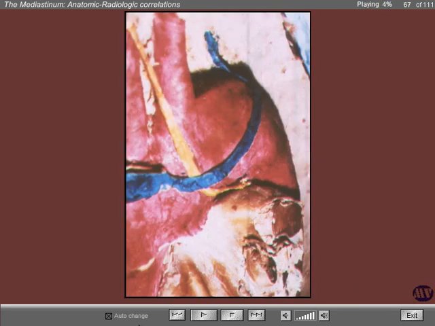Another structure that can appear in this region is the veins that are surrounding the arch of the aorta, and this is in blue, the left superior intercostal vein. We can see this vein often tangentially, and it can produce what is called the aortic nipple.